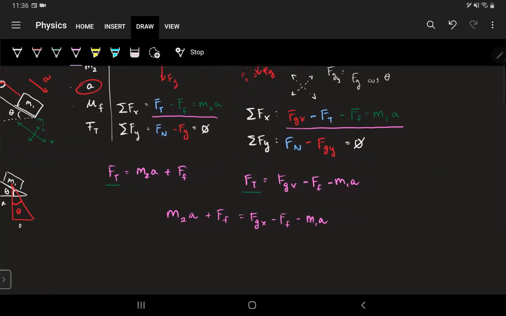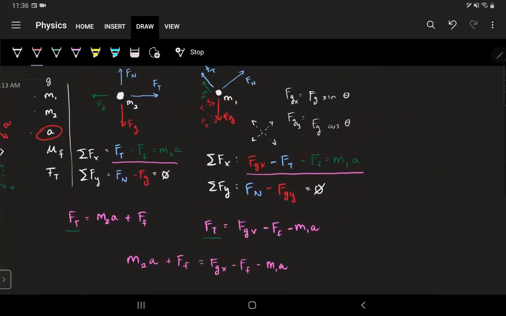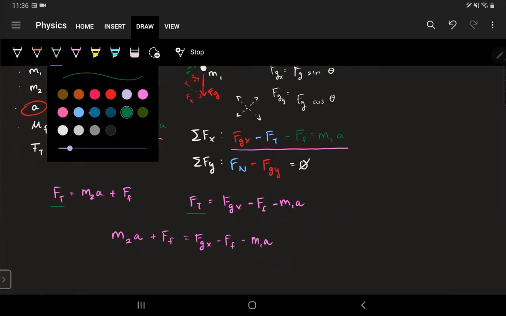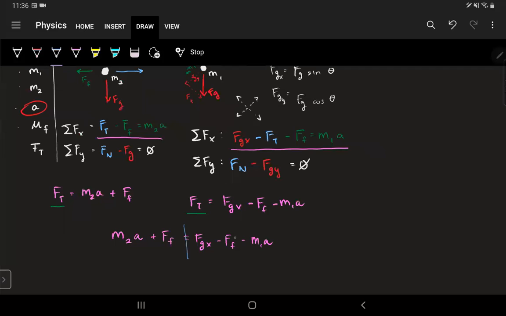Now, this is about the time where Mr. Cho would say, okay, stop. Let's fill in the values for things like f of f, fgx, and f of f, because we have two f of f's now. This is too confusing. Well, on this side, let's split it up. On this side, this f of f corresponded to this f of f, right?